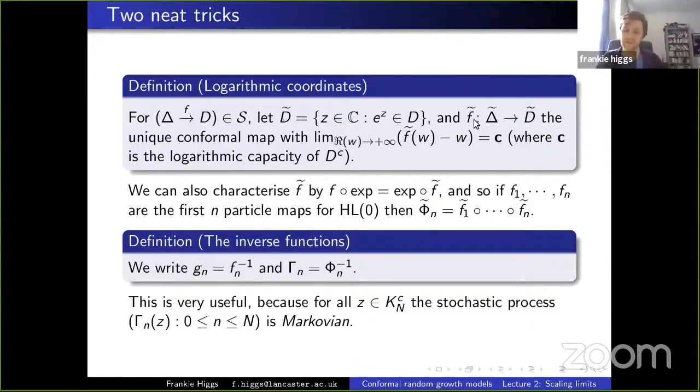And f tilde is also, if you like, log of f, where f was the map corresponding to D. Really, it's defined implicitly by this condition, which is really the same condition. We've taken the logarithm of the condition we had for the Laurent expansion at infinity.